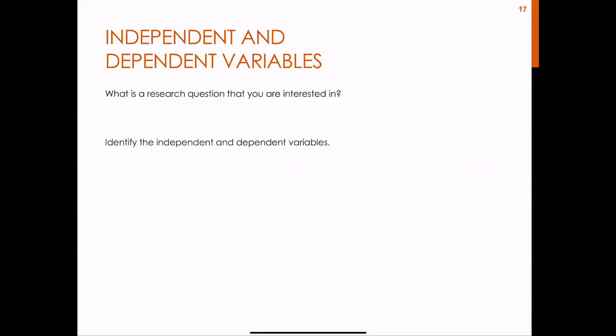So now we can apply the independent variable and dependent variable to your own research interest. You can stop the video, then think about a research question that you are interested in and identify the independent variable and dependent variable.